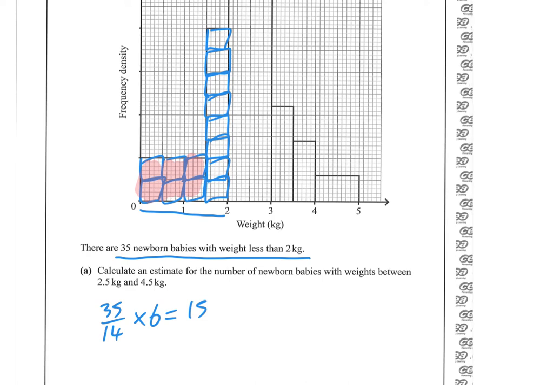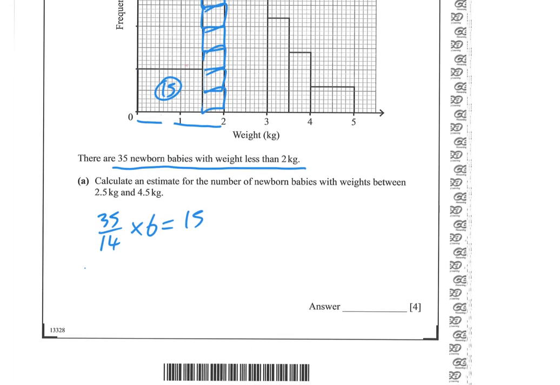That means the area of this bit in here is 15, so that's the frequency of that first one. You can then work out the frequency densities. Frequency density is equal to frequency divided by the width.